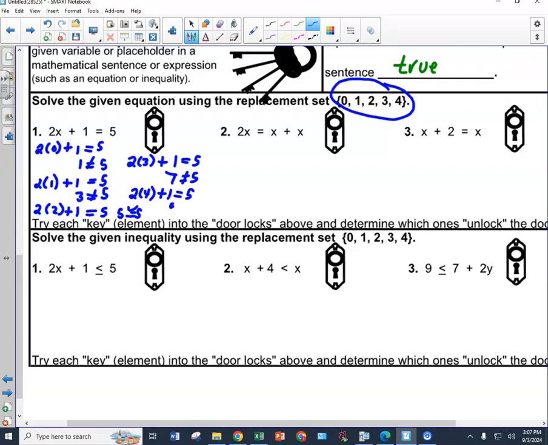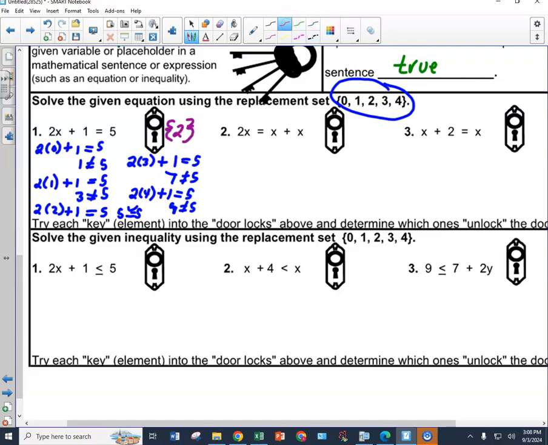Does 9 equal 5? No. So in this set, we use those squiggly brackets, those are called braces, and we put the solution that worked. Well, the only one that worked was the one where we plugged in 2. So 2 is considered to be the solution to that equation.